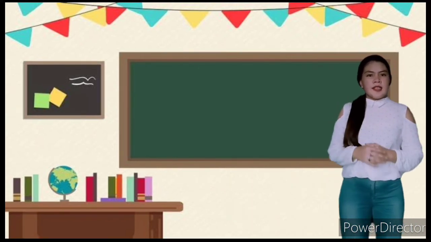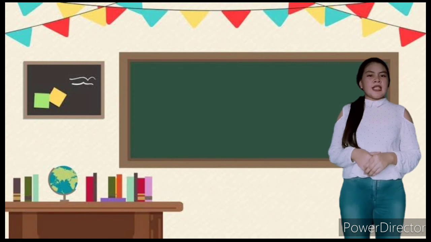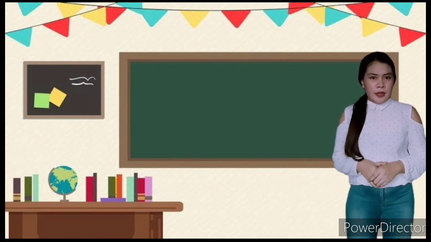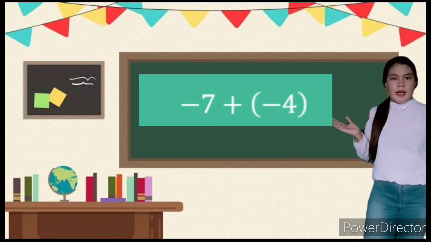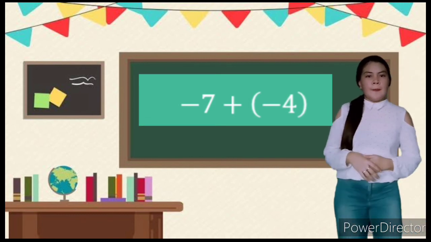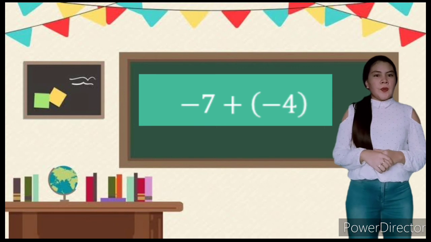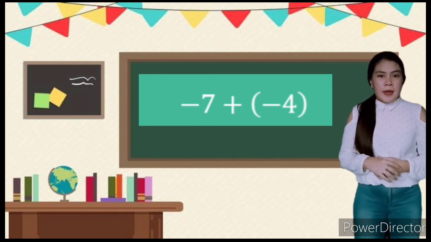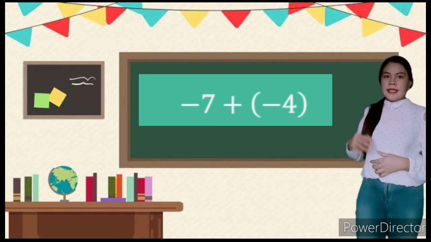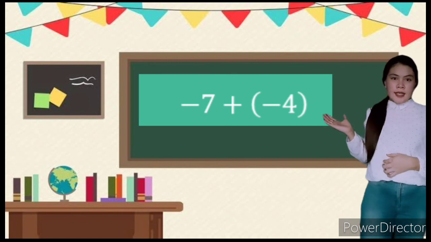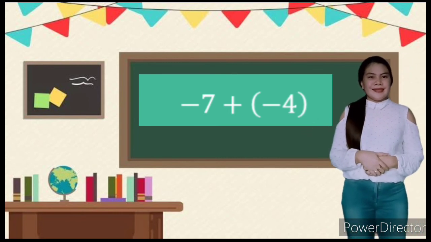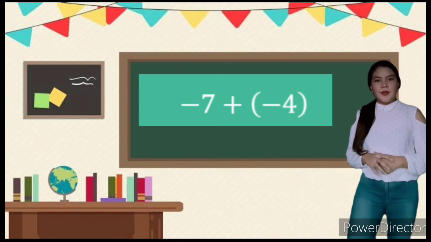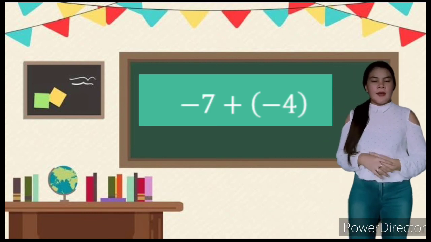So, it seems that everyone is listening. So, here's another example. Answer this one. Okay, so may I ask Rafael Ibanez to answer this example? Okay, very good, Rafael Ibanez.